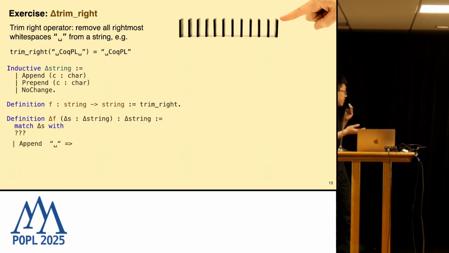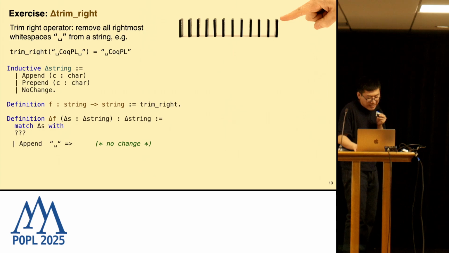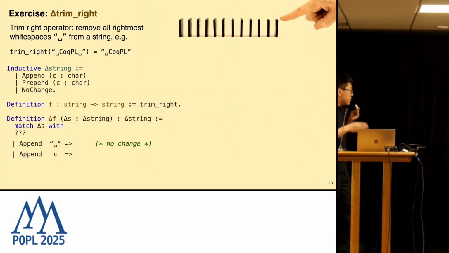The first case is: what will be the output change if we append a white space to the original input? Because trim right removes the rightmost white spaces, adding a white space on the right will trigger no output change. Now let's consider what if we append a non-white space character C to the original input.